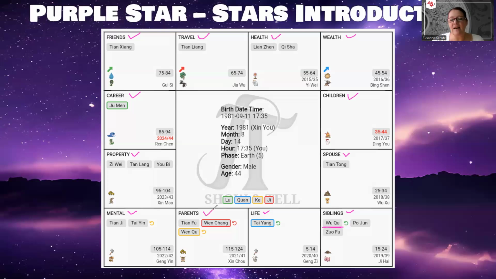And then lastly, having Wuqu in the parent palace. Parent palace, again, as I mentioned earlier, relates more to the father than the mother. This shows that you may have a father who is quite strict and has extremely high expectations of you or of the family itself.